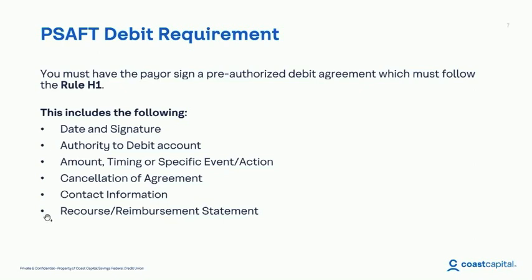So you need to have the date and signature of the person who you are debiting from, authority to debit their account, some type of statement to that, the amount, timing, or the specific event that is going on, how the agreement can be canceled, contact information, and then the process if funds need to be reimbursed back.